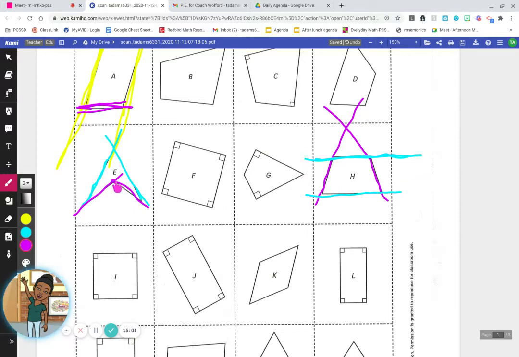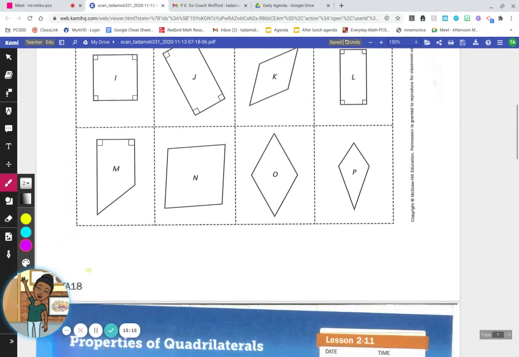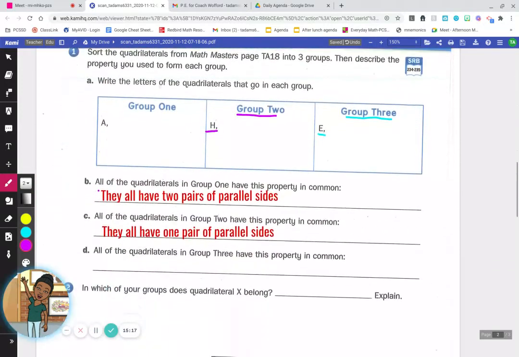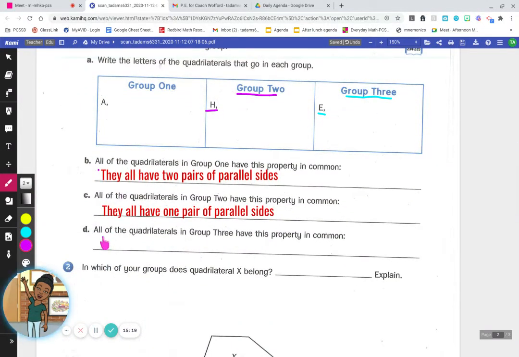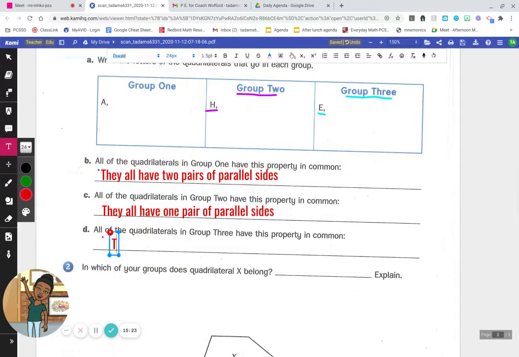If I draw this line on and on and on, well, here they are. I can see right away that they actually meet. They already meet. So if I keep going, these lines cross as well. So this quadrilateral does not have one set of parallel sides.